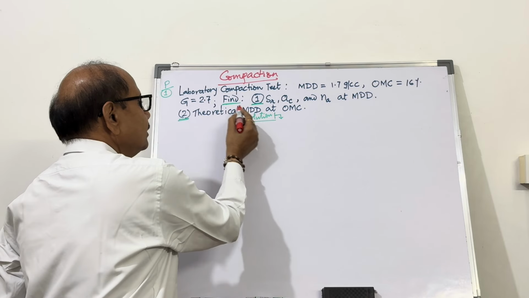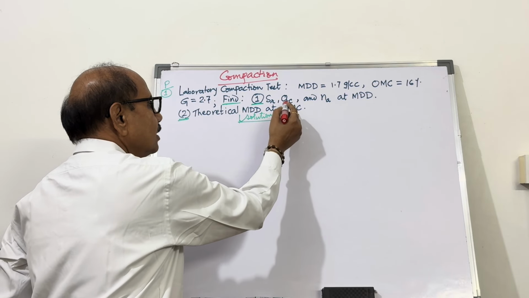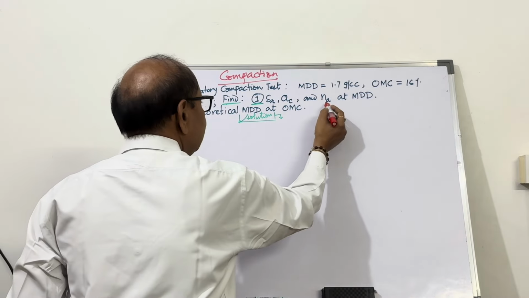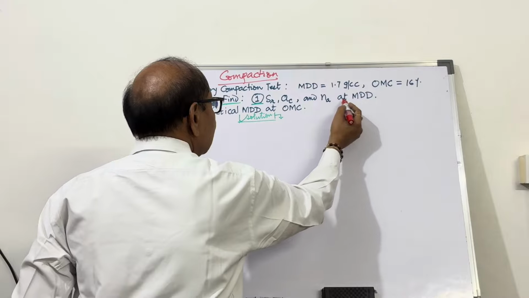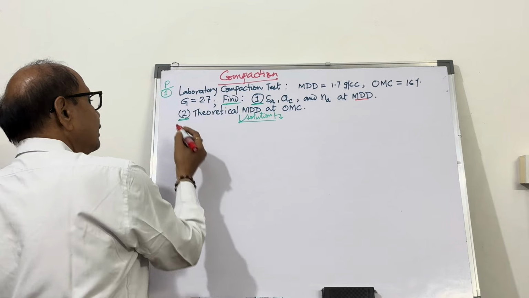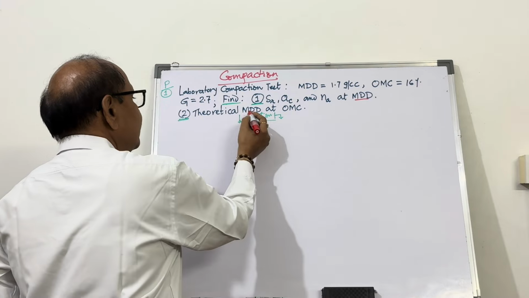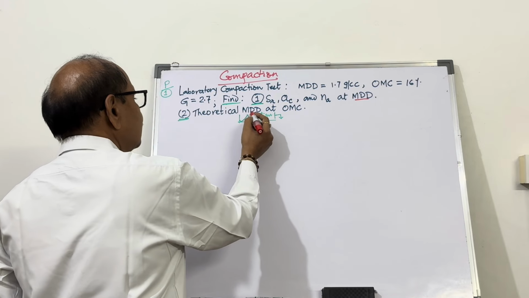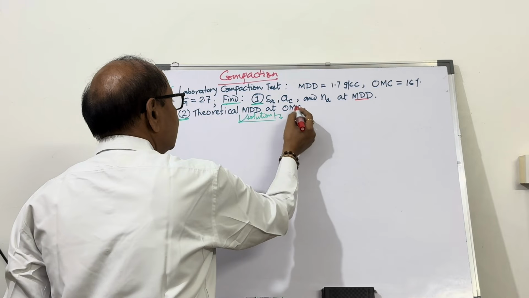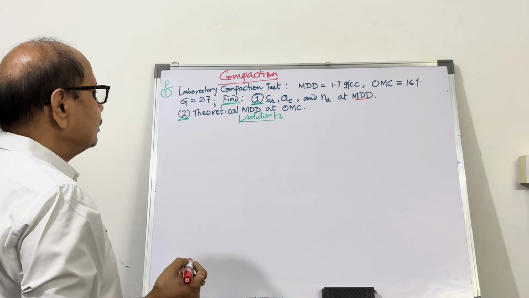We have to find the degree of saturation Sr, air content Ac, and percent air voids Na at MDD. And the second part of this problem: theoretical MDD, so maximum dry density theoretical at optimum moisture content, that is at 16%.